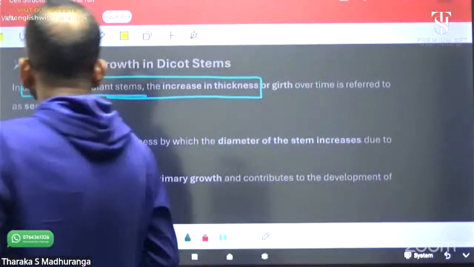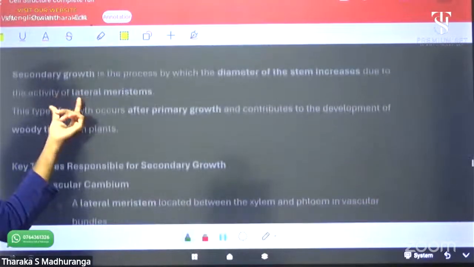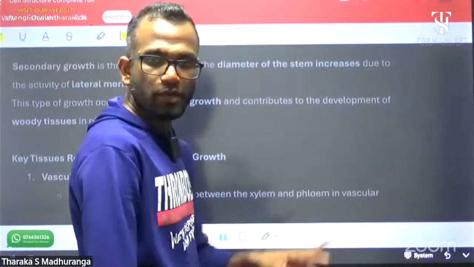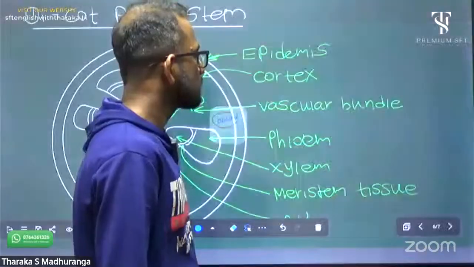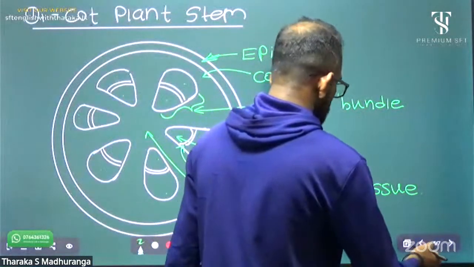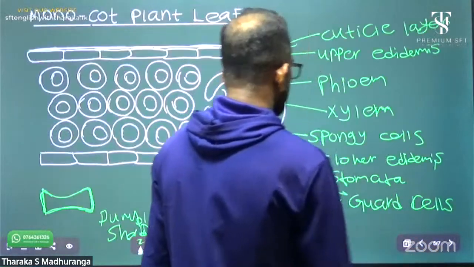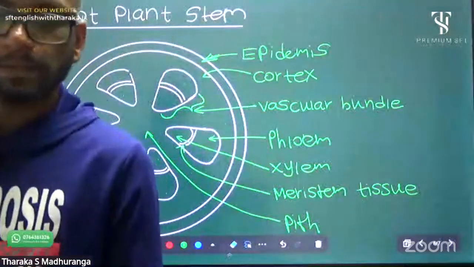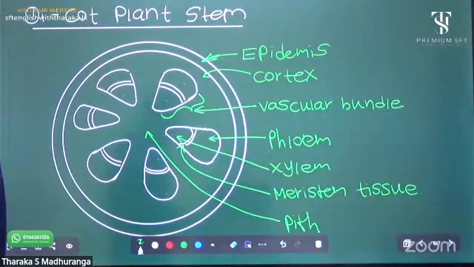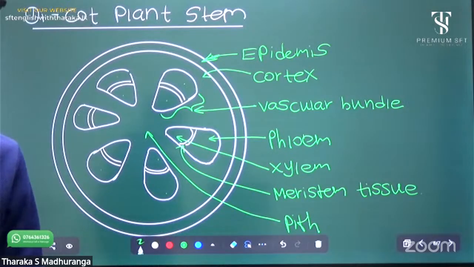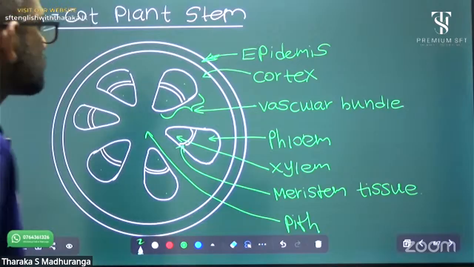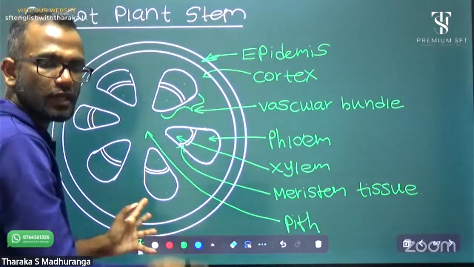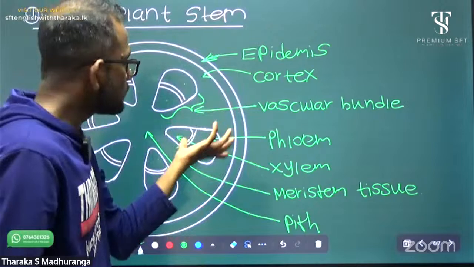Let's move into secondary growth of dicotyledon plants. Let's see what happens. Okay, now this is the primary structure. Immature stage, increasing in height with this structure.